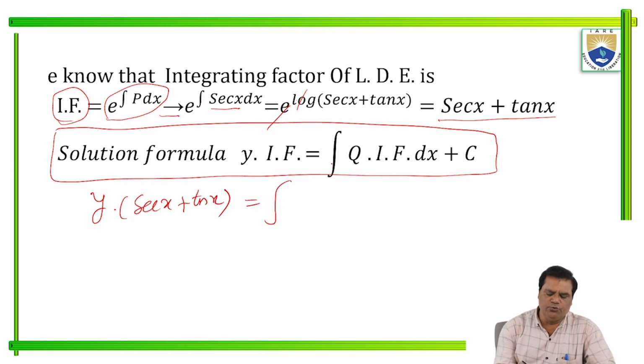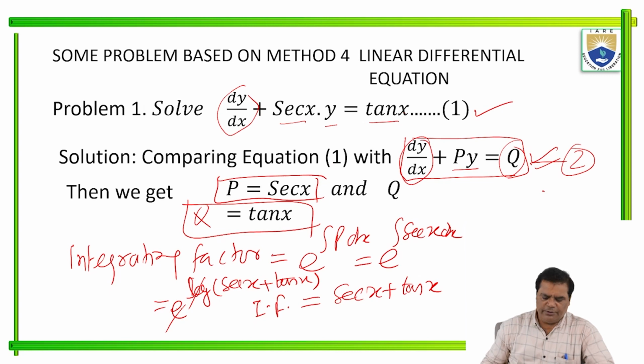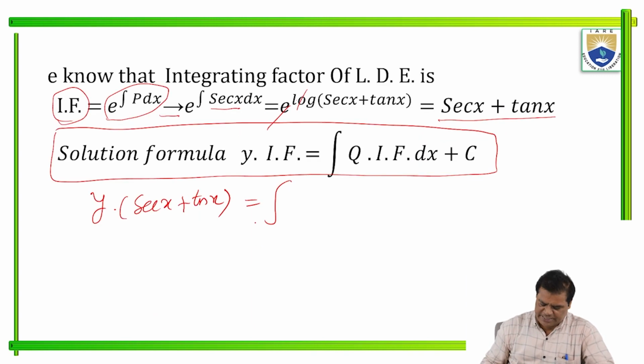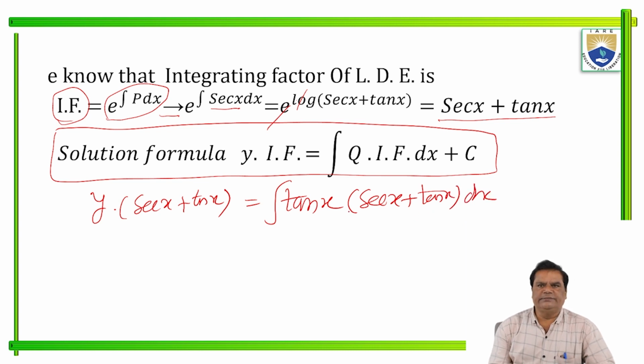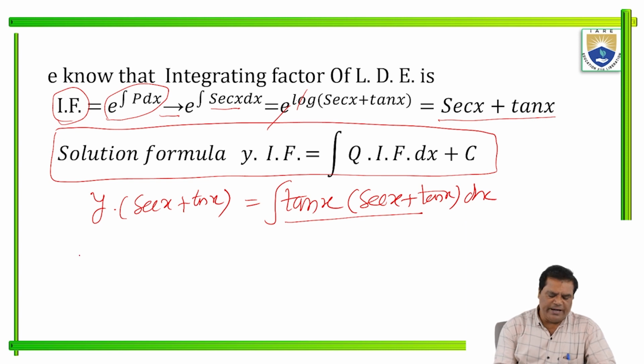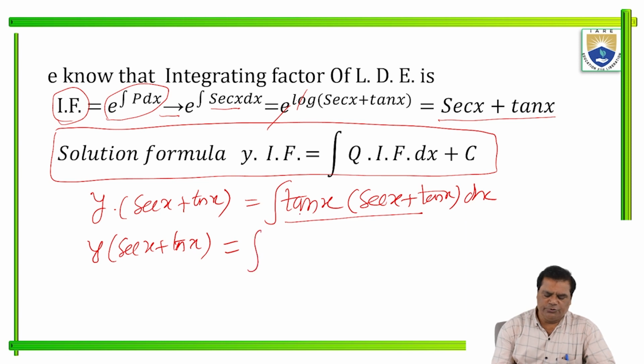equal to the integration of Q into IF dx. Q in our question is tan x. So putting the value of Q as tan x, and IF as sec x plus tan x, with dx. Now integrating the right hand side, y into sec x plus tan x equals the integration of this. Multiplying by tan x, we get sec x tan x dx plus tan square x dx.